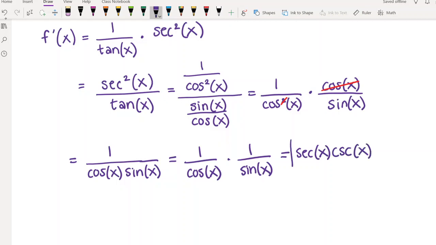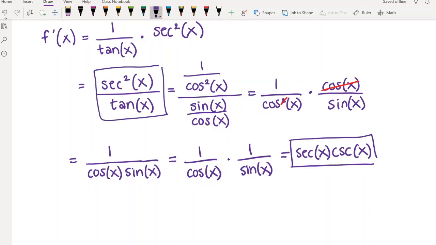So I'd say for most people, they would think this final answer we got here is preferable to what we started with here. And not to keep plugging my own videos, but just this week in 142, we were working on simplifying trig expressions. So if you want to check those videos out, you'll see there's a lot of examples like what we just did here.